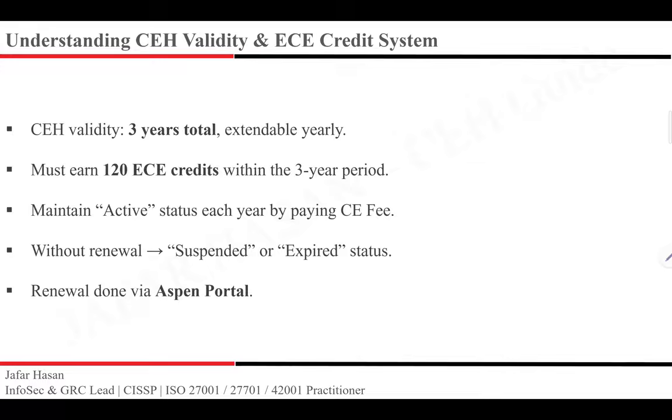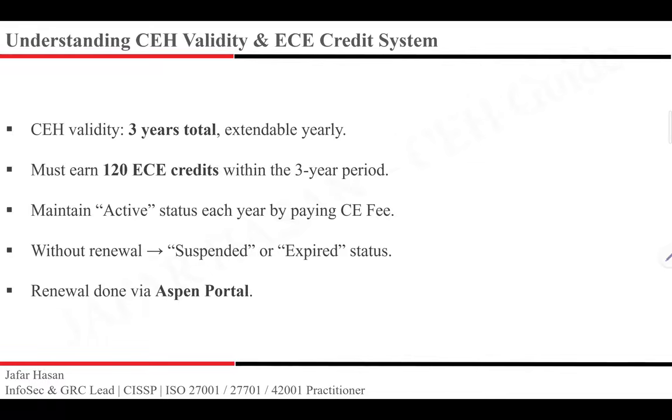And yes, you also pay a small annual continuous education fee as well. If you miss either the credits or the payment, ASPEN will mark your certificate as suspended or maybe expired. So just remember this formula: skills, ECE credits, fees will make your CEH active.